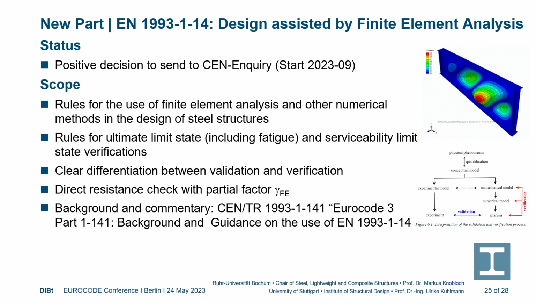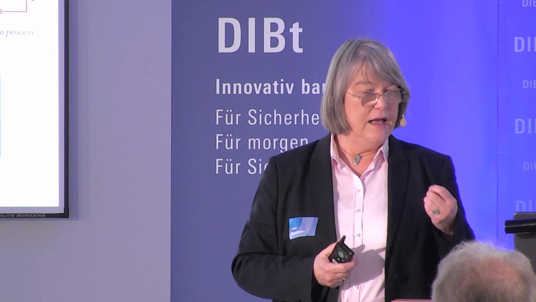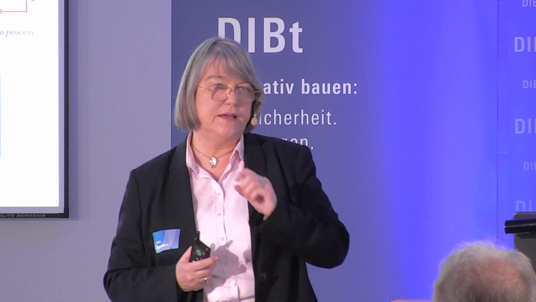And by doing that, a lot of clarification of the method, or clarification also of expressions, was done. Giving you an example, there is now a clear differentiation between validation and verification. Validation means comparing the modeling with a physical existence, for example, by comparing with tests, and verification means more the mathematical correctness.